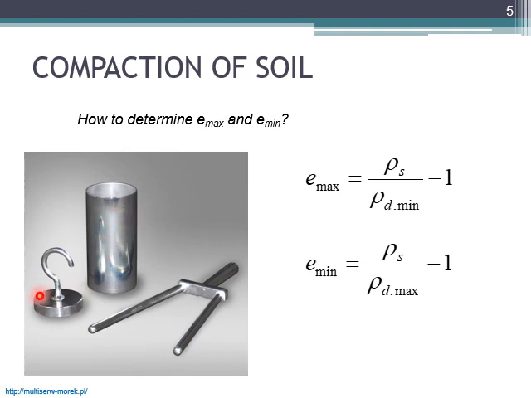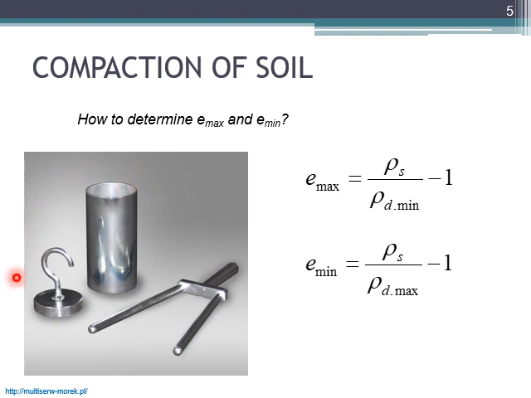And of course, the top cap, which was placed here, would then slowly enter into the sample. If after several minutes of this activity, we wouldn't notice any more movements of this top cap, we could assume that the soil is in its densest state.